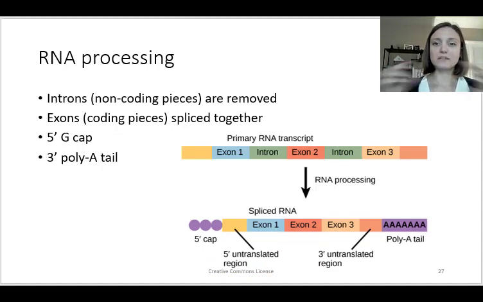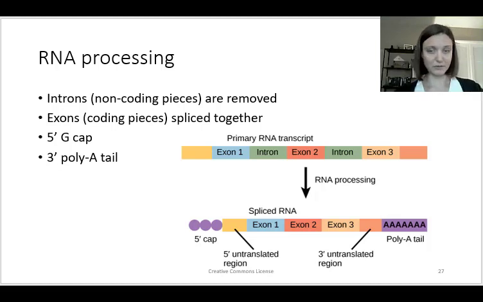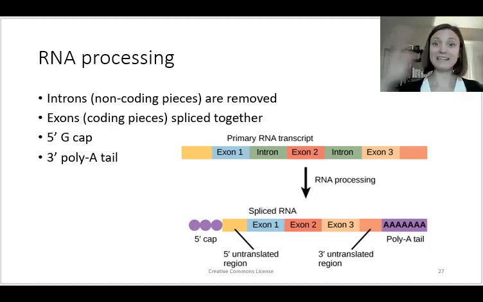That's where pieces of that original RNA transcript, which is a complete copy of that DNA gene, will be taken out and some will be left in. So we're going to edit what's going to be left in and what's going to be taken out. It's called RNA processing. This happens in the nucleus.